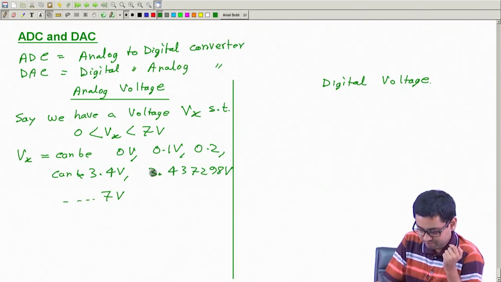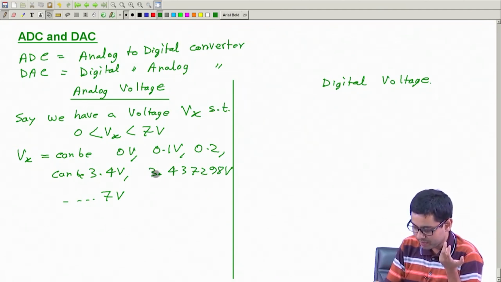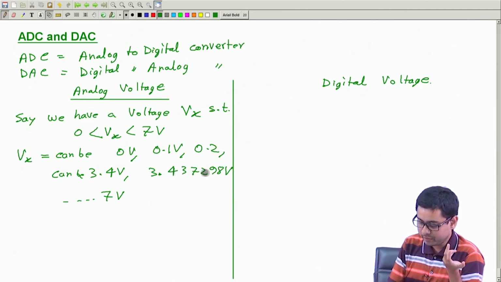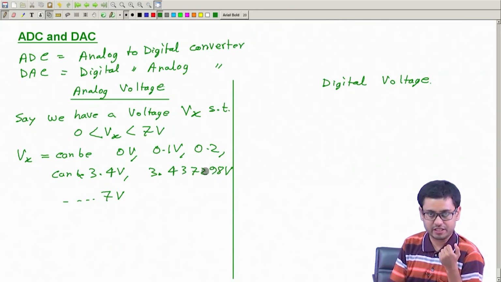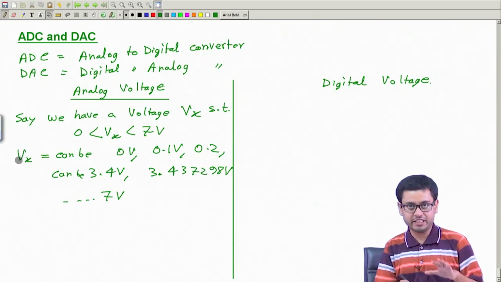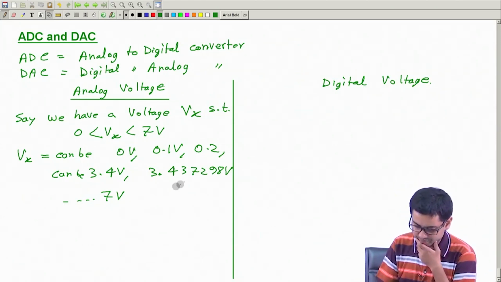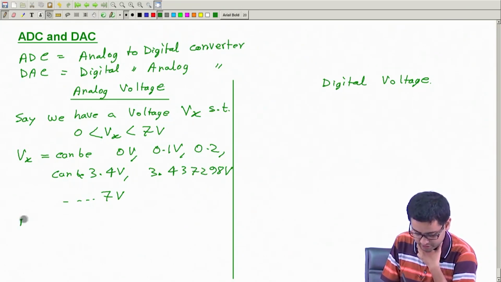If you express it in decimal form, it can take many decimal places to represent it accurately. So this is a voltage which can take any value between these two limits.